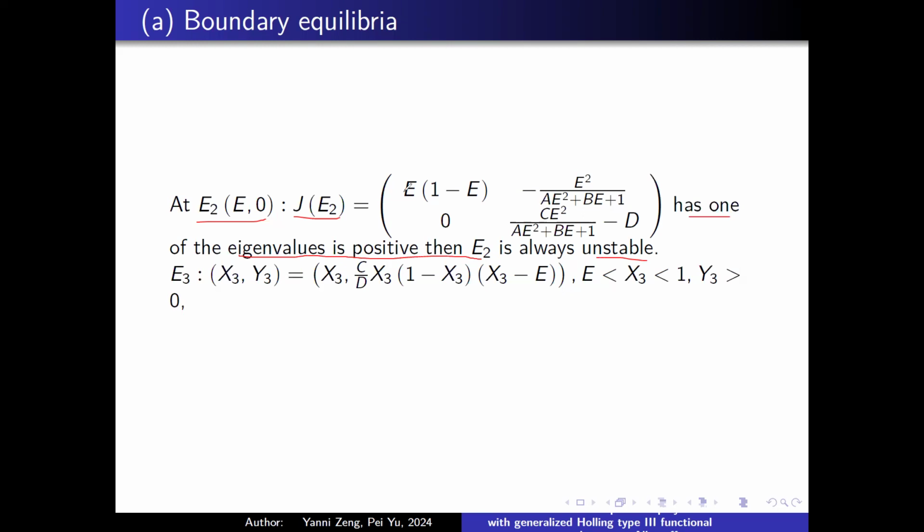The main point of this paper is to discuss the point E3, and we can see that E3 is in terms of the constants C and D. In this paper they investigate the changing of the constant around the fixed point.